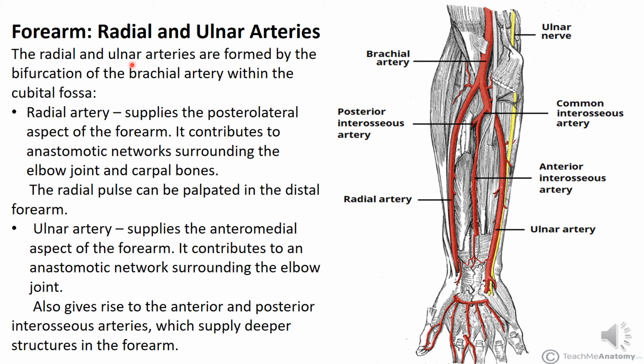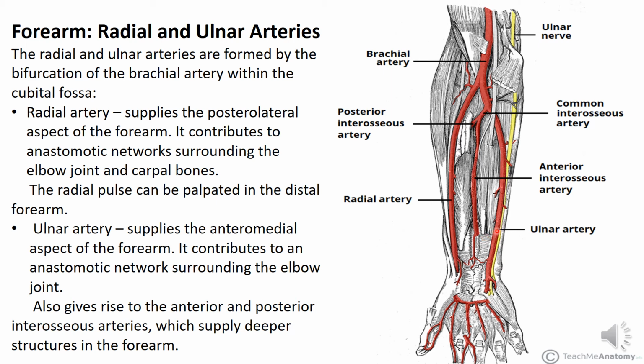As you have already seen, the radial and ulnar arteries are formed by the bifurcation of brachial artery in the cubital fossa. The radial artery, this is the radial artery. It supplies anterolateral aspect of the forearm. In the distal forearm, here you can palpate the radial pulse.